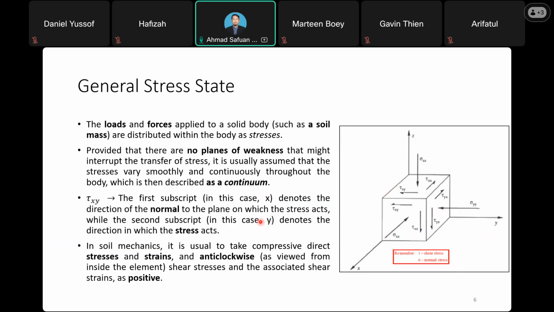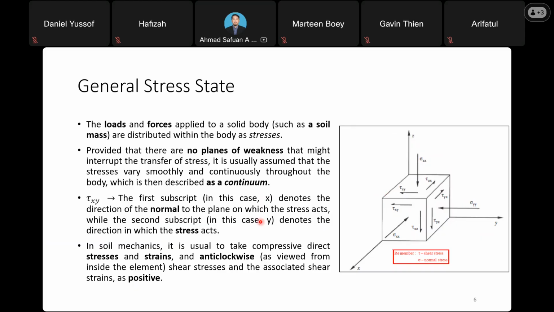So in soil mechanics, it is easier to take compressive direct stress and strain, and anti-clockwise as viewed from inside the element, shear stress and associated shear strain as positive.